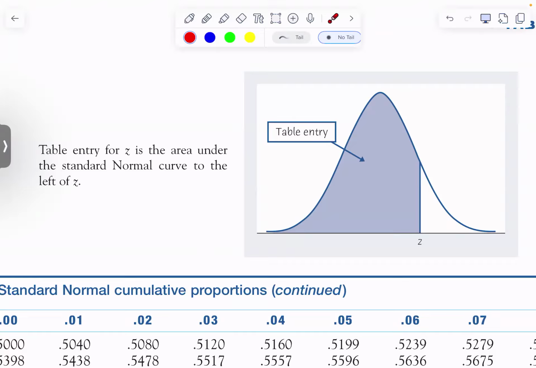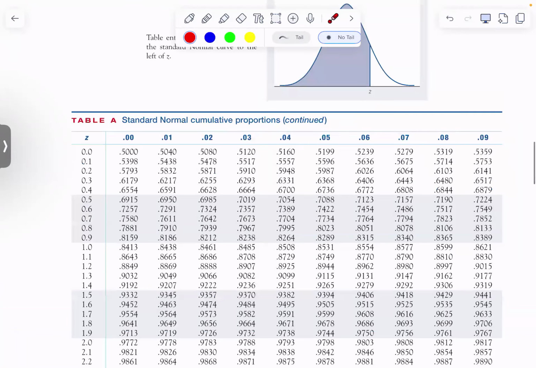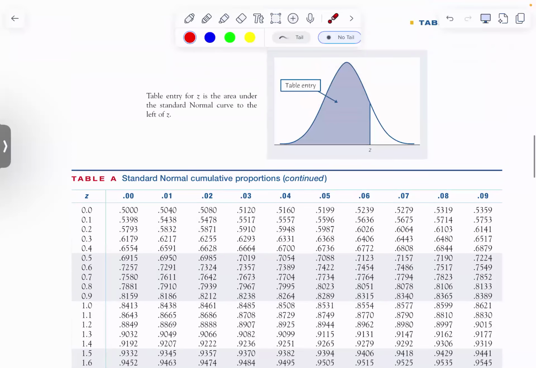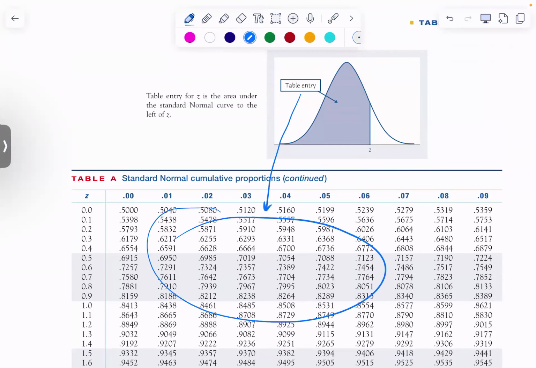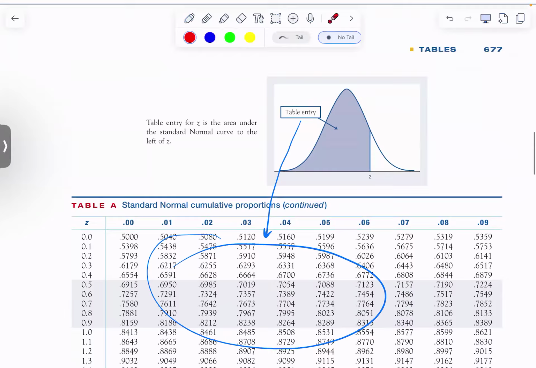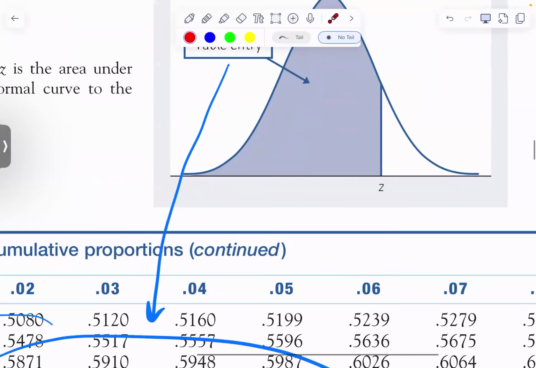Let's read it. We're told that this area is called a table entry. We also need to know that these guys down here are the table entries. We're told that Z is the Z score that I'm interested in finding a probability with.